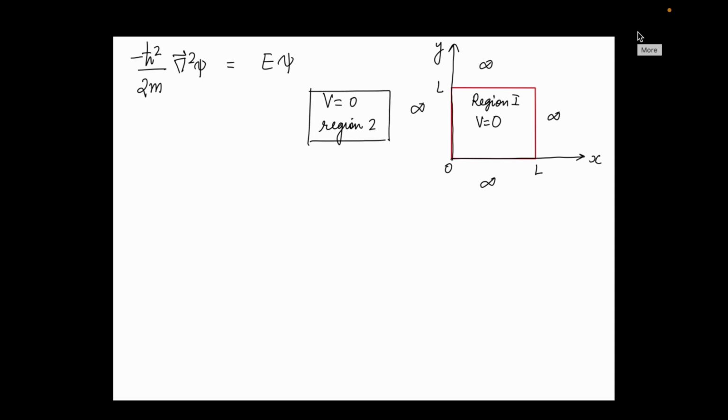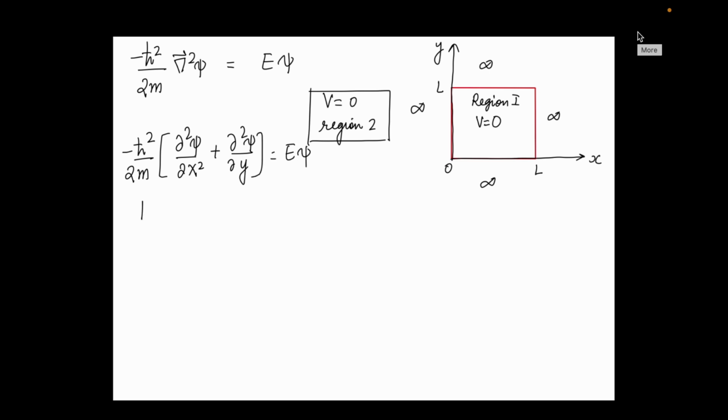Now the only difference is that this equation has both x and y components.